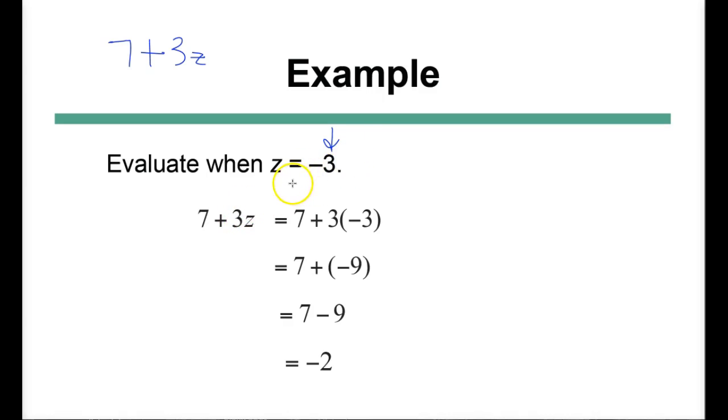Once we figure out exactly what we want to put into it, we just put it there and follow our order of operations to evaluate the expression for the exact result. With addition and multiplication, we know we have to do multiplication first, so that's how we get the minus 9 here. And 7 plus a negative 9 is the same as 7 minus 9.